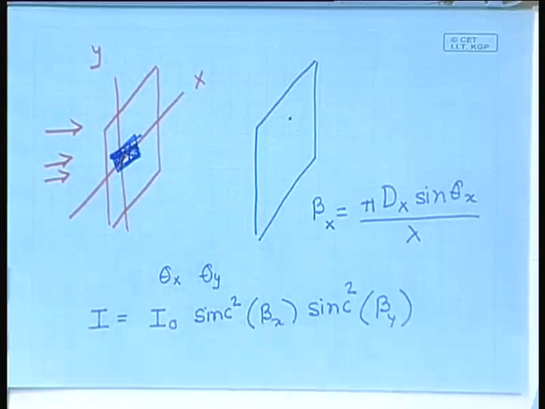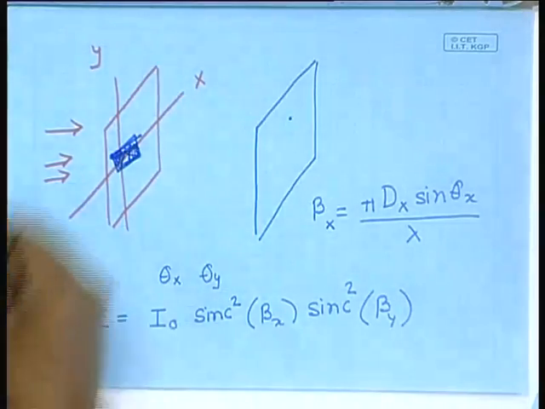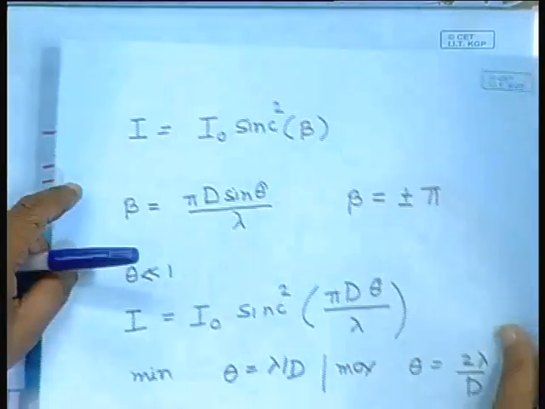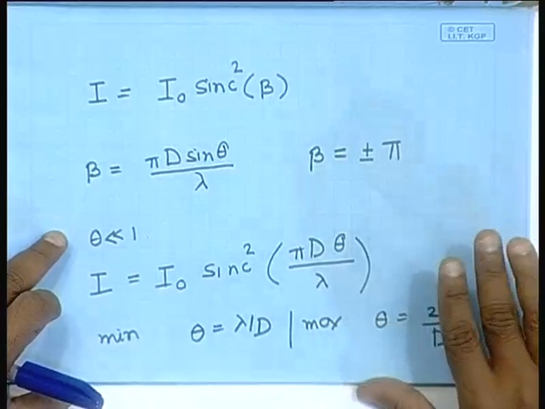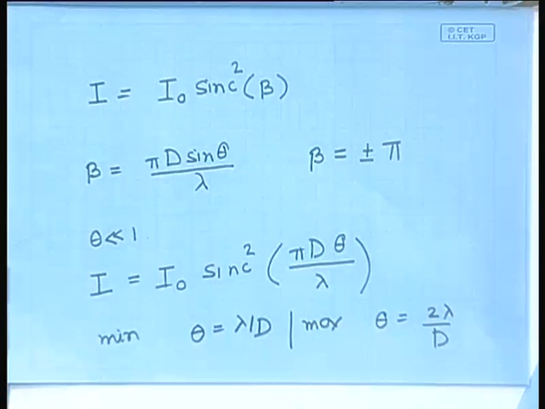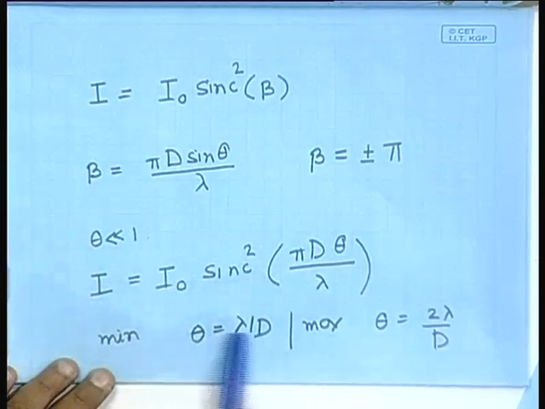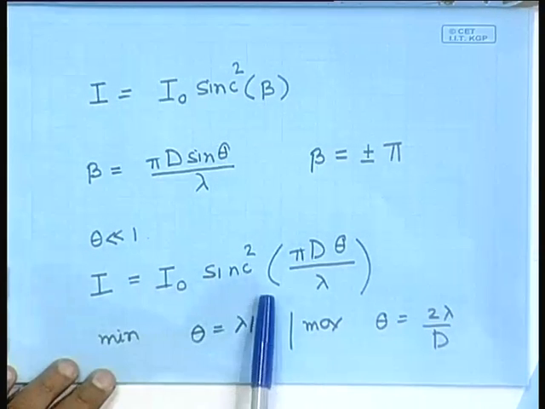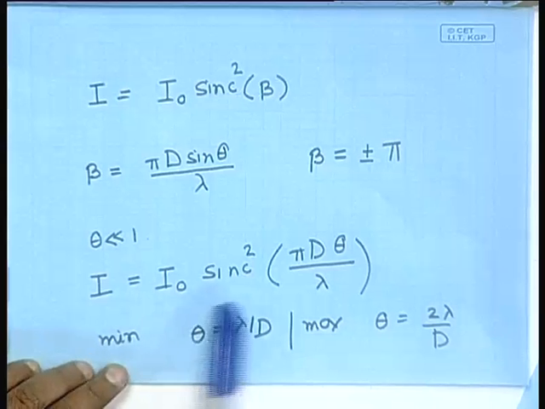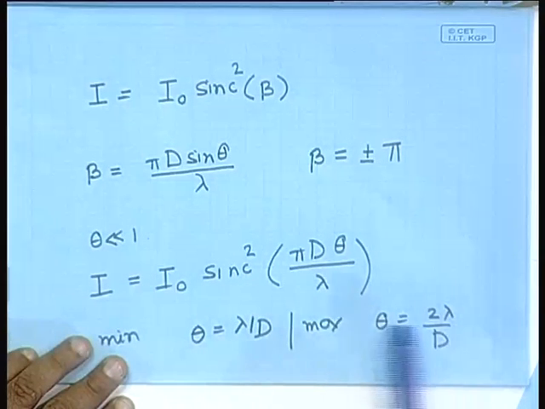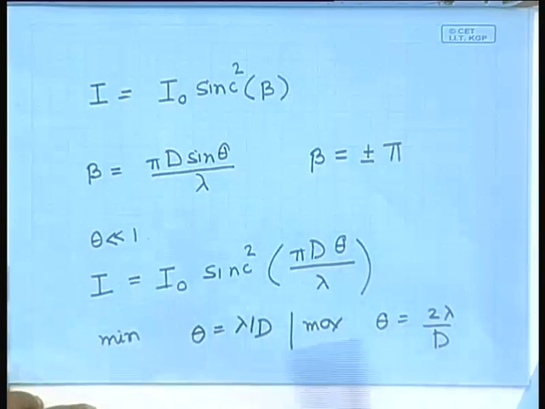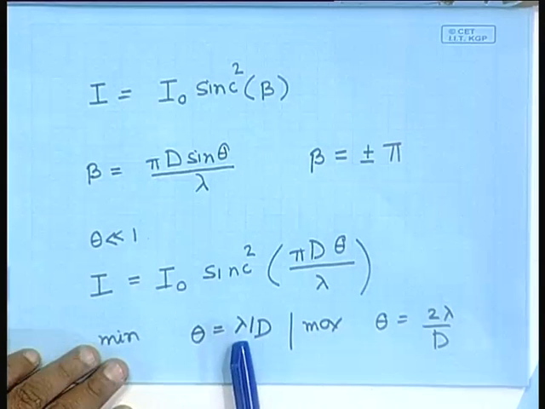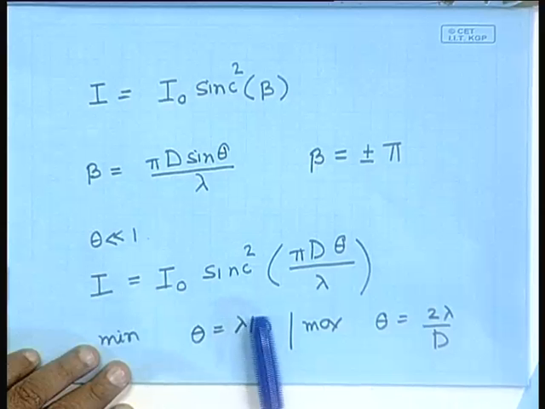What is the consequence of this? Let us go back to our one dimensional situation. Notice that the width of the first bright spot, or the location of the first maxima, all of these increase if I decrease the width of the slit.